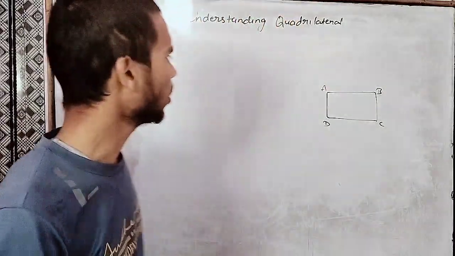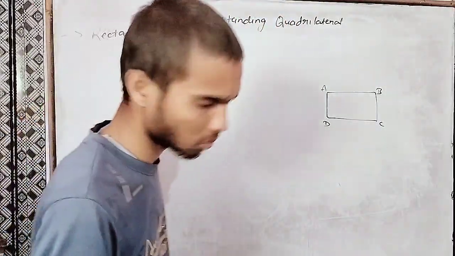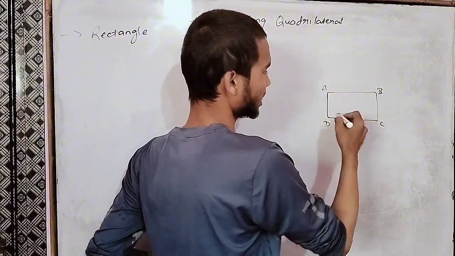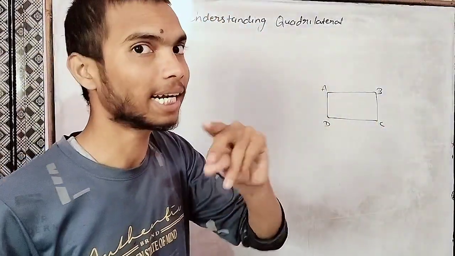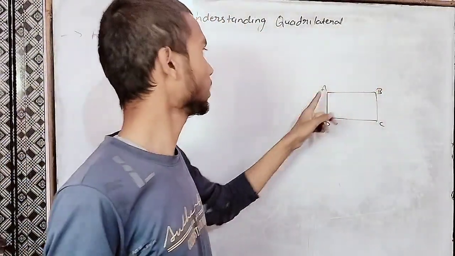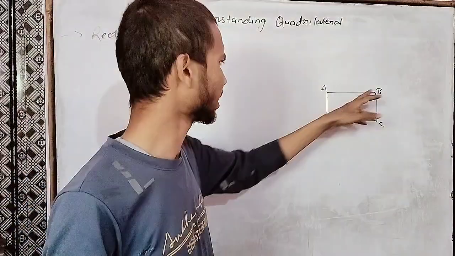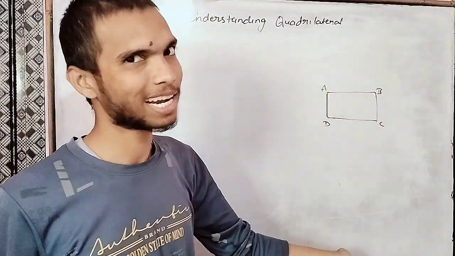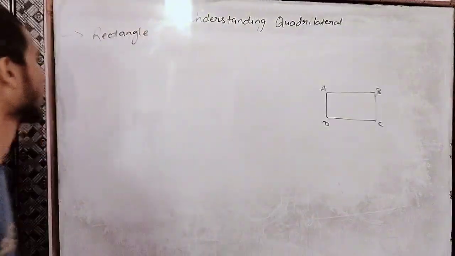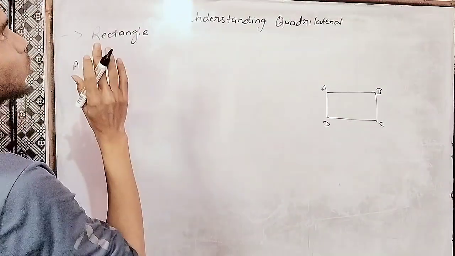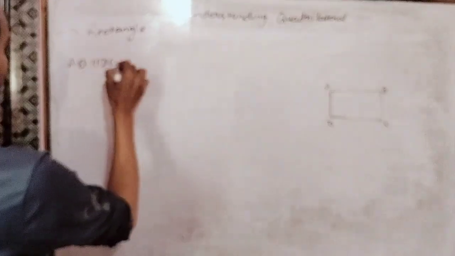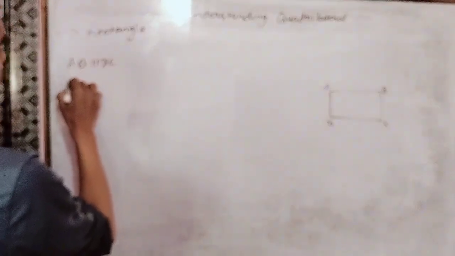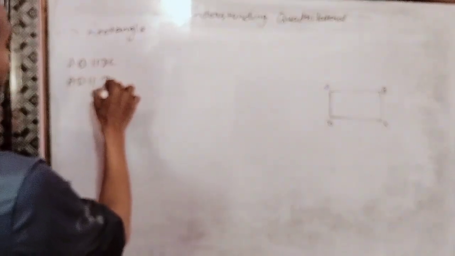Now you can say angle ADC is 90 degrees, angle BAD is 90 degrees, angle BCD is 90 degrees, angle ABC is also 90 degrees. Here AB is parallel to DC and AD is parallel to BC.